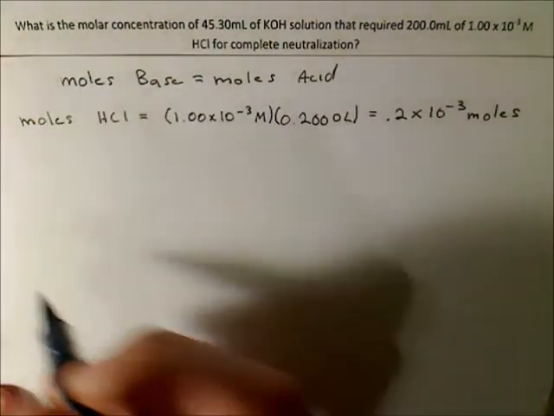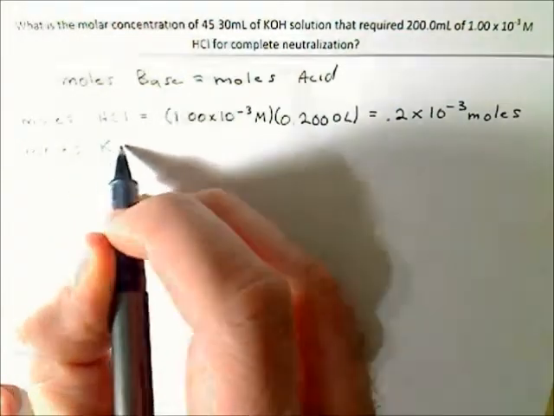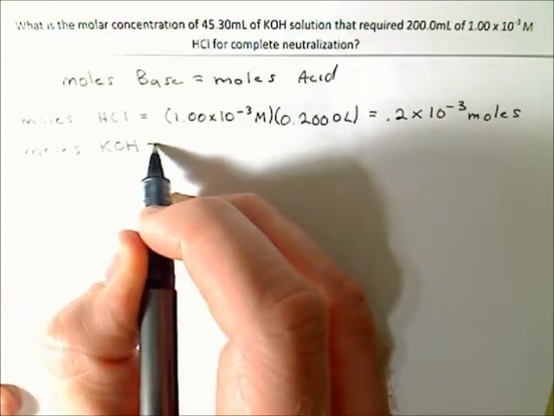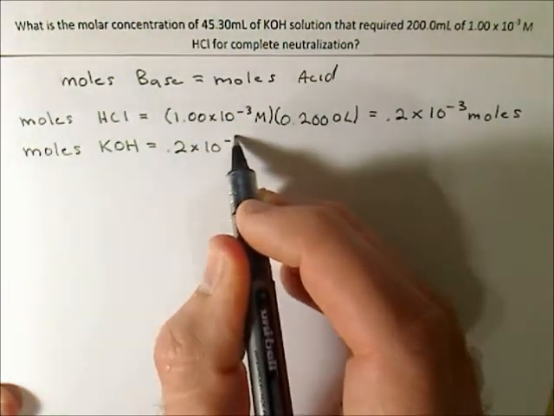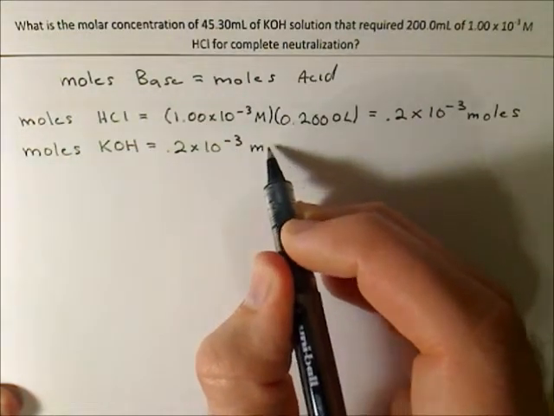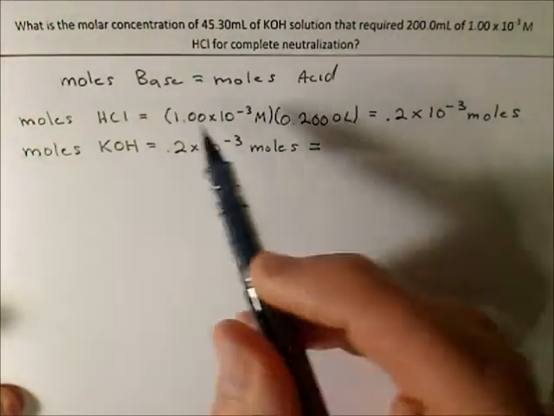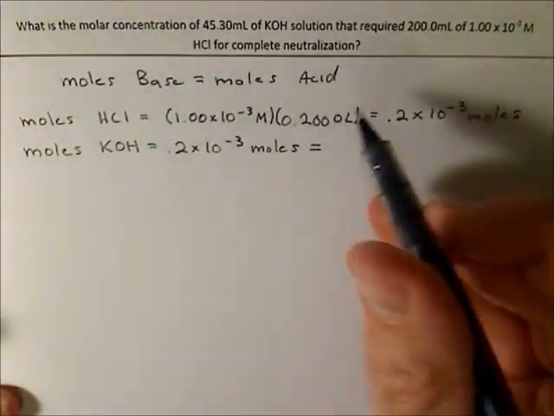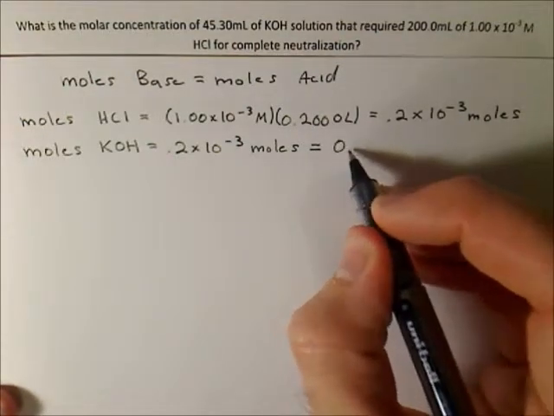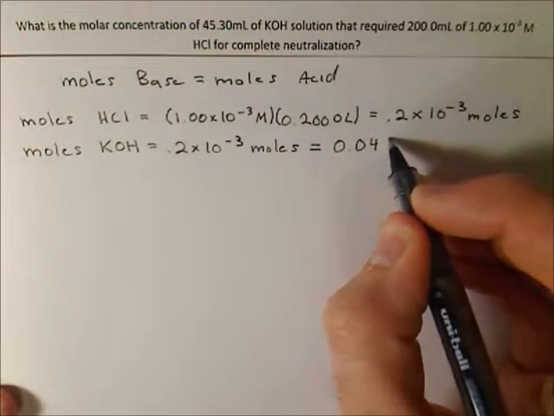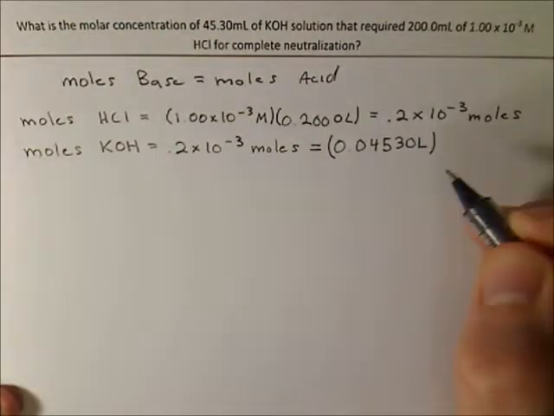So let's figure out our moles of base. That's just going to be equal to this 0.2 times 10 to the negative third. And then they're telling us that we have 45.3 milliliters of that. So let's convert that to liters. And then what we're looking for is molarity.